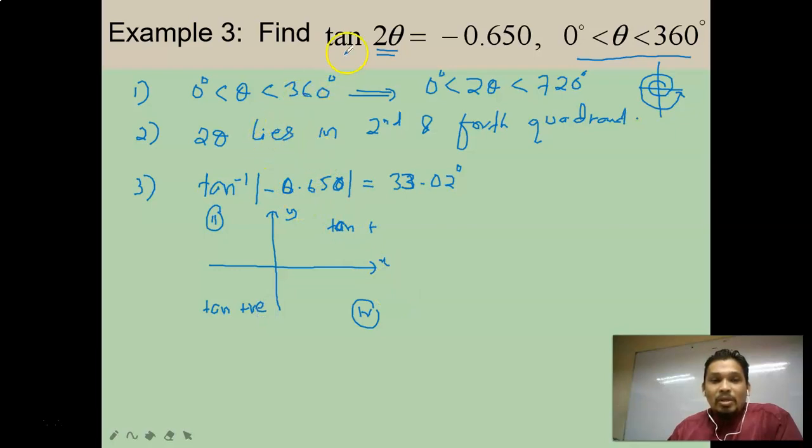So we are talking about tangent of any angle equal to negative, so the opposite: the second and the fourth quadrant. So then now, stated here 33.02 degree, and also here 33.02 degree.